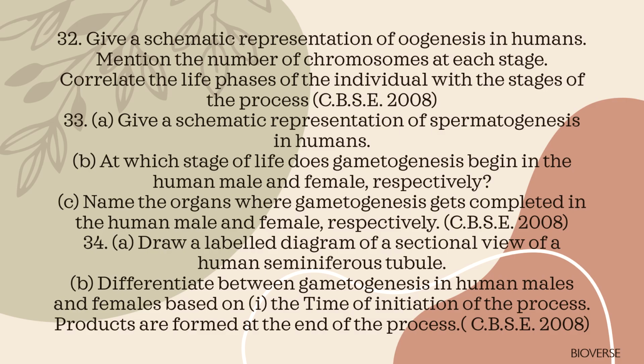Answer. A. Spermatogenesis: spermatogonium, 2N, 46 chromosomes, arrow, primary spermatocyte, 2N, 46 chromosomes, arrow, secondary spermatocyte, N, 23 chromosomes, arrow, spermatid, N, 23 chromosomes, arrow, spermatozoa, N, 23 chromosomes.